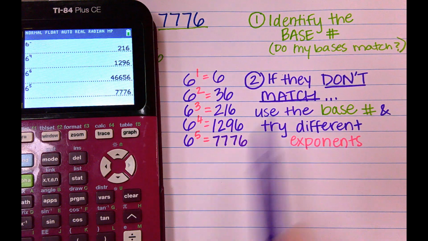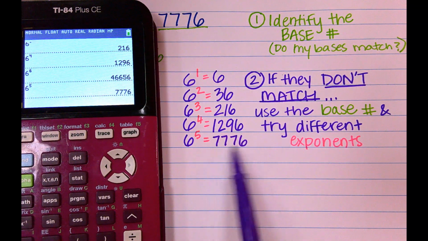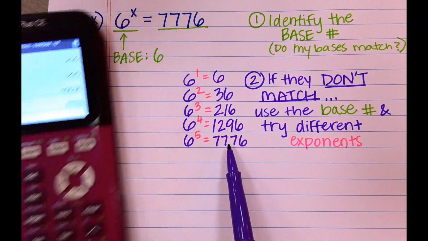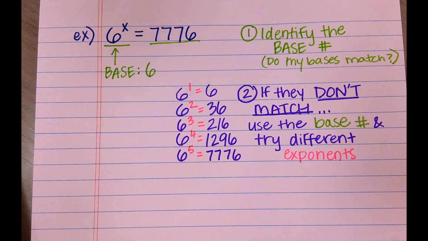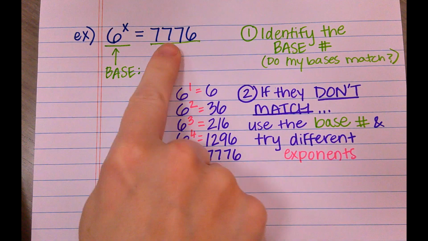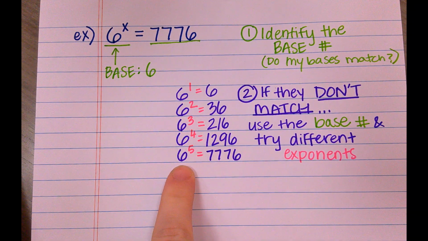Okay, so once we've gotten the number that we need, we tried different exponents. Now we can replace that number with 6 to the fifth power. We can get the bases to match.